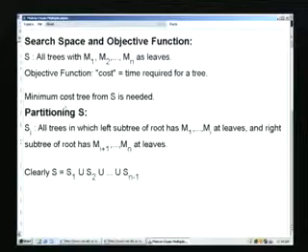So, every tree in this original space is placed somewhere in one of these subspaces. The next question is, how do I search Si? If we can design an algorithm for searching Si, then we will be able to find the best in Si, and then we will take the best of the bests, as we had said earlier.